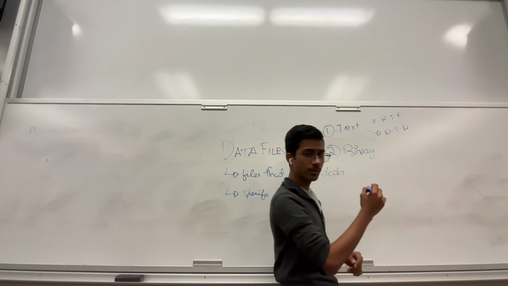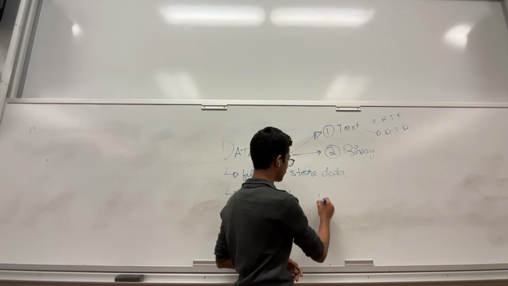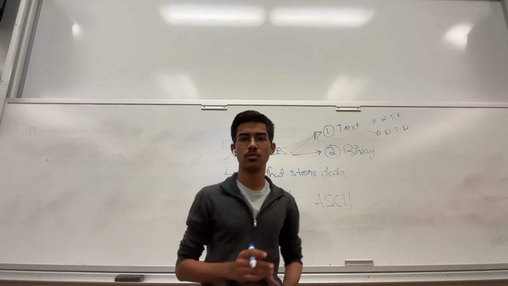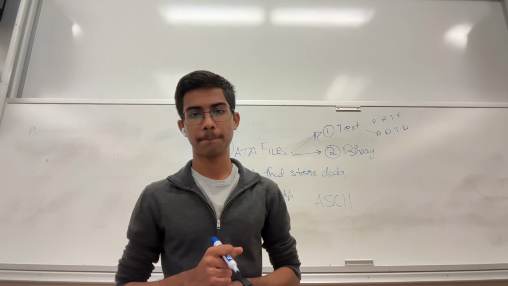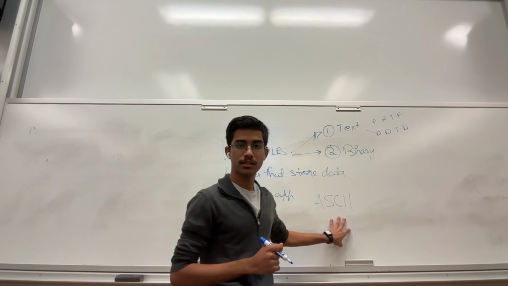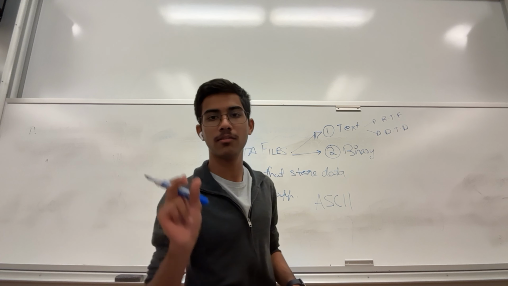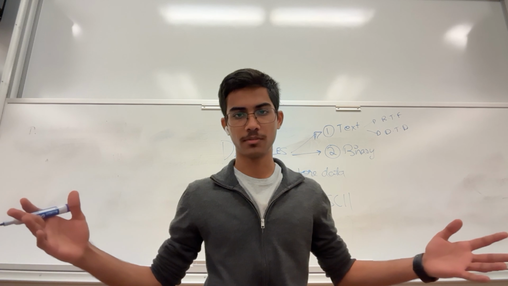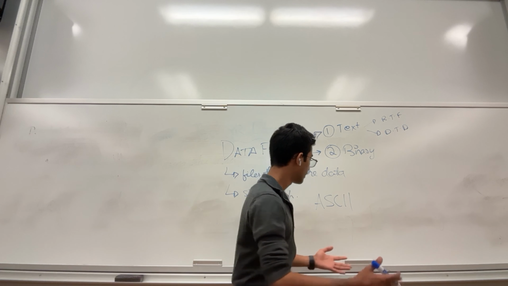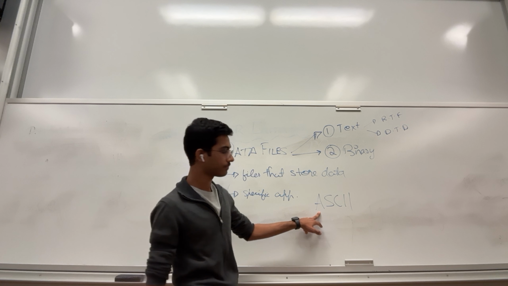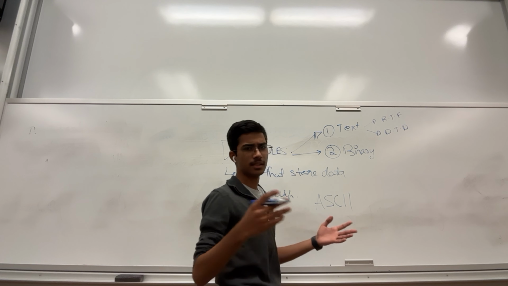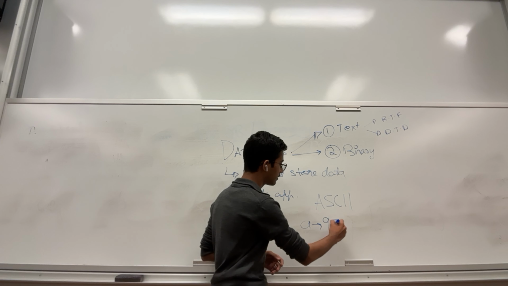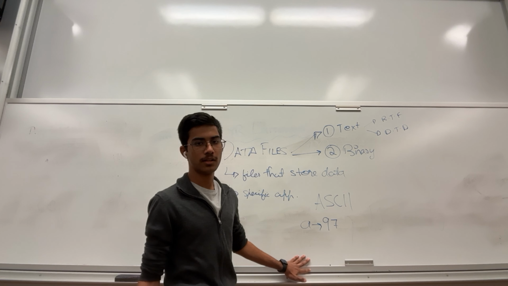So, first, what are ASCII characters? ASCII stands for American Standard Code for Information Interchange, right? This basically assigns a particular numeric value to each character that you see on your keyboard and much more, right? So for example, let's start with the small letter a, which has a value of 97, right?